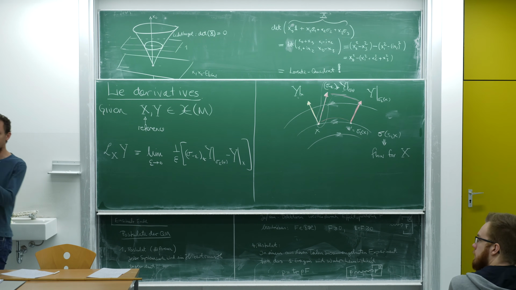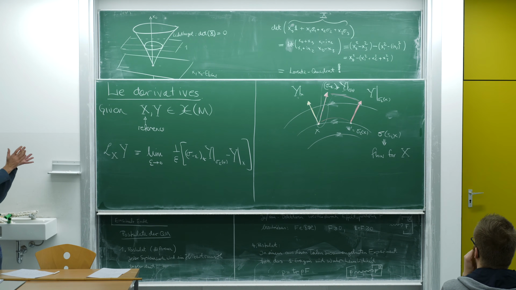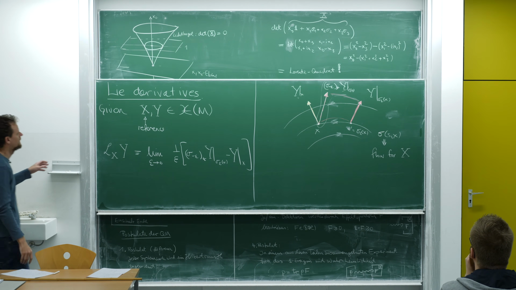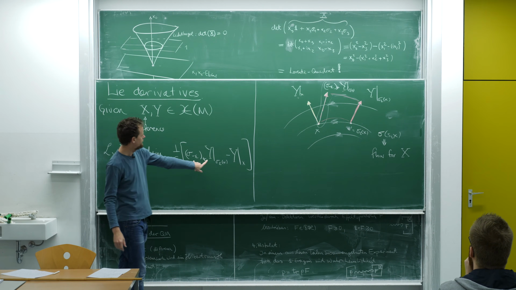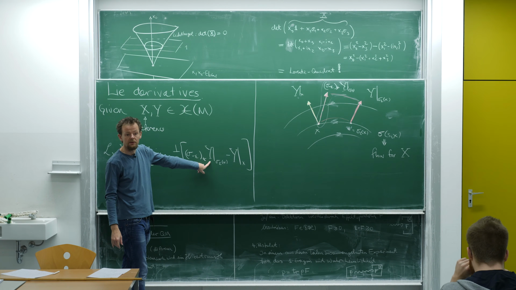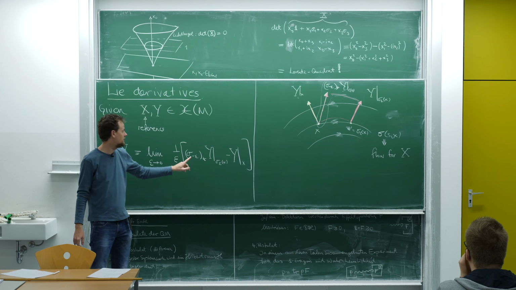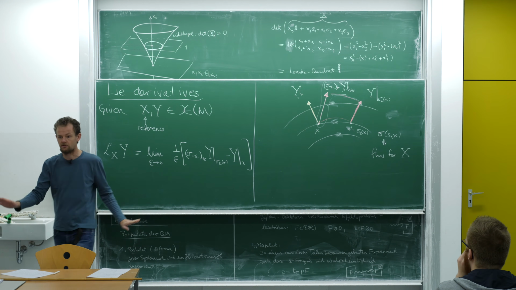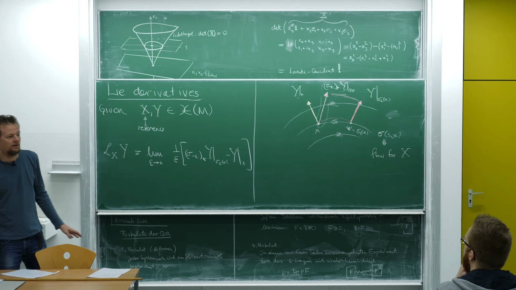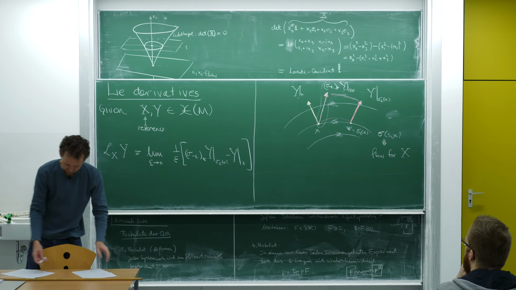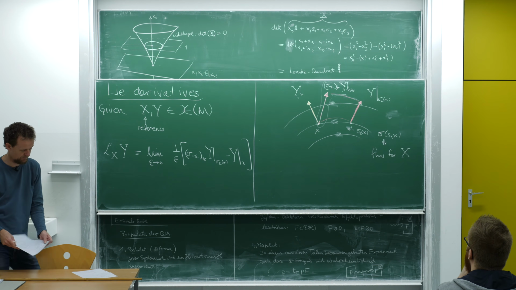Now we have two vectors at the same point on the manifold. We're entitled to take their difference, which is exactly what we do here. And then we're also entitled to let epsilon go to 0 and divide by epsilon. Everything is good. We have ourselves a well-defined operation, which we're calling the Lie derivative.